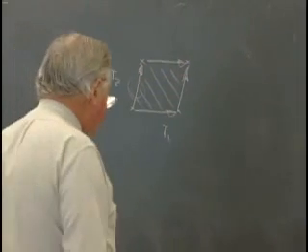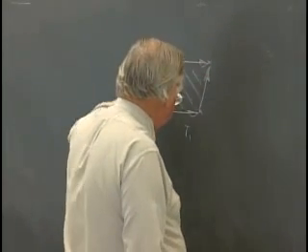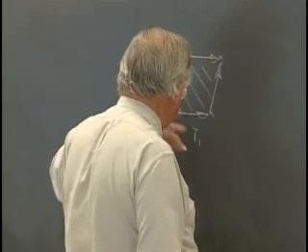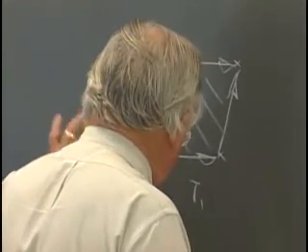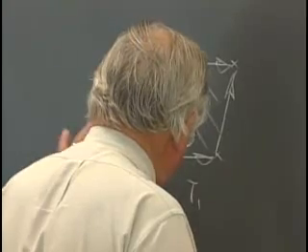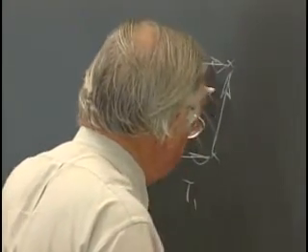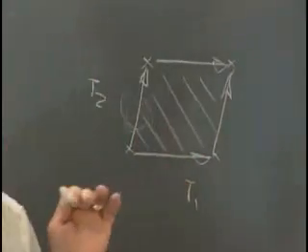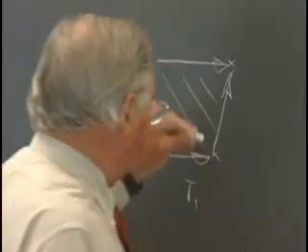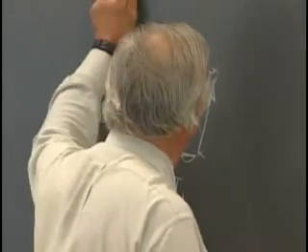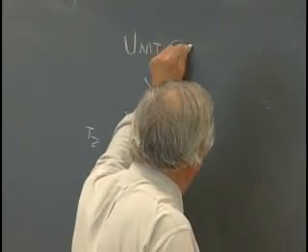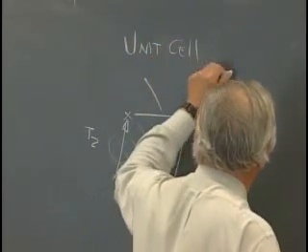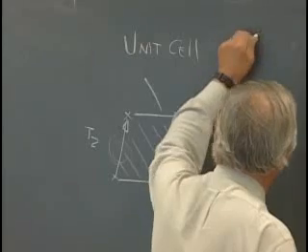So if I can tell you what's going on within the confines of this parallelogram, then I have given you the unique part of what is hung at a lattice point and which is reproduced only by translation. And this is a very important construct. It is something that is referred to as the unit cell, or sometimes just cell for short.